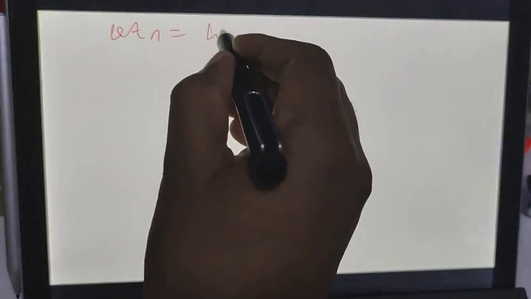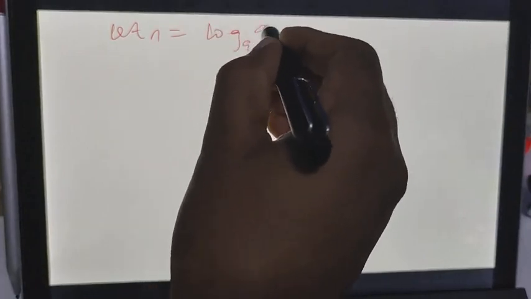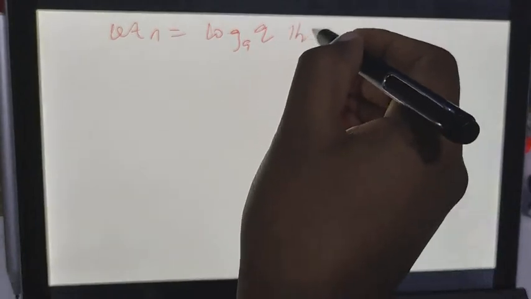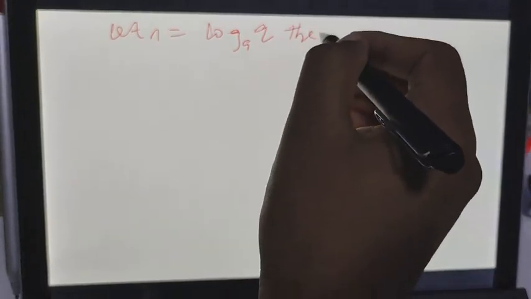Then we can also let n be equal to log q base a. You can as well simplify this into an exponential equation.